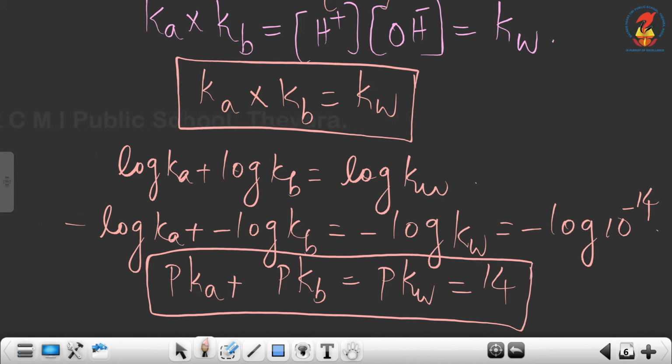So this is the relation between pKa and pKb. Okay, now the relation between Ka and Kb is Ka into Kb is equal to Kw. The relation between pKa and pKb is pKa plus pKb is equal to pKw, which is equal to 14.